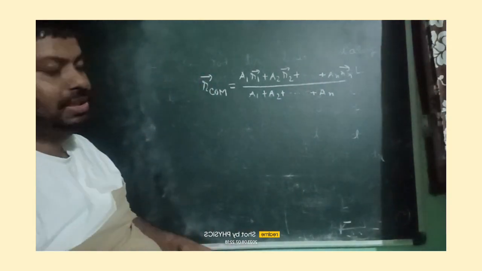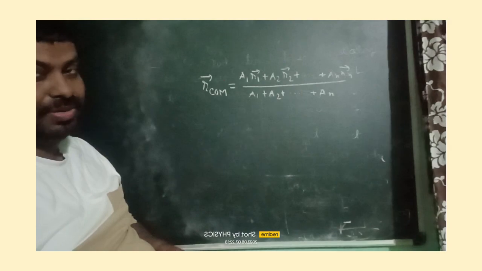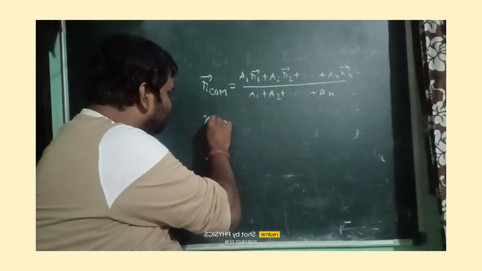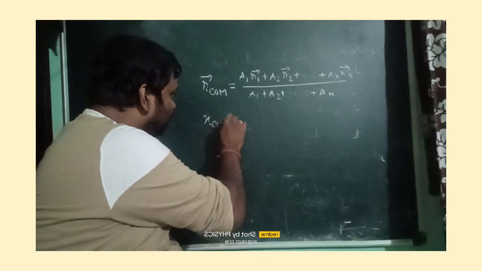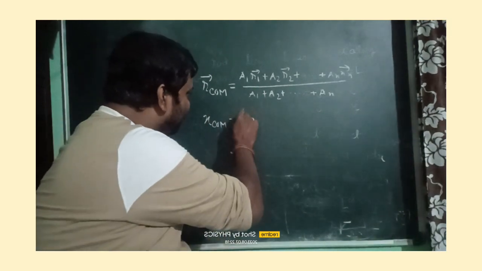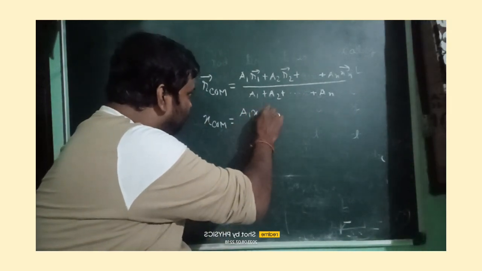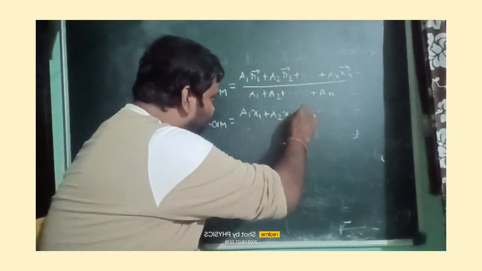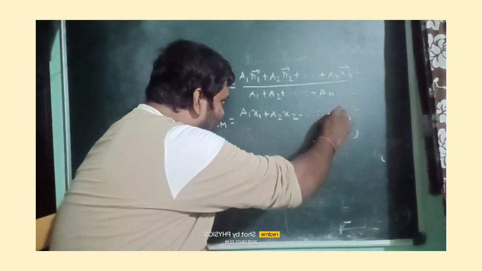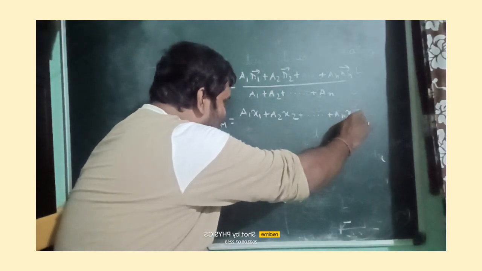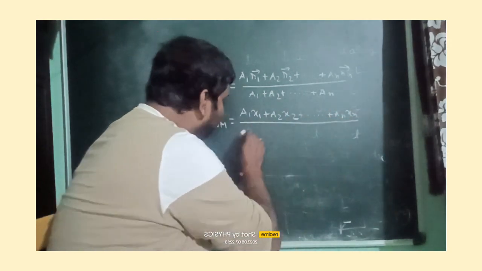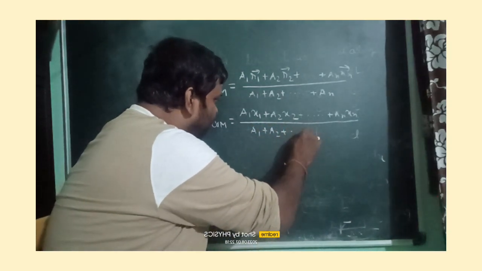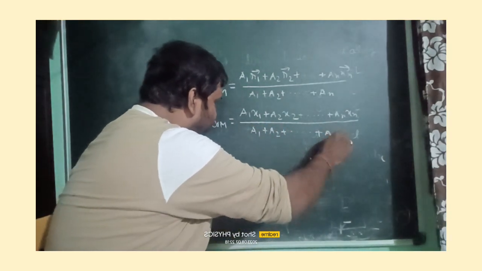Now for the three separate axes, what will be the position of the center of mass? Thus XCOM is equal to A1 x1 plus A2 x2 plus dot dot dot AN xn, divided by A1 plus A2 plus dot dot dot AN.